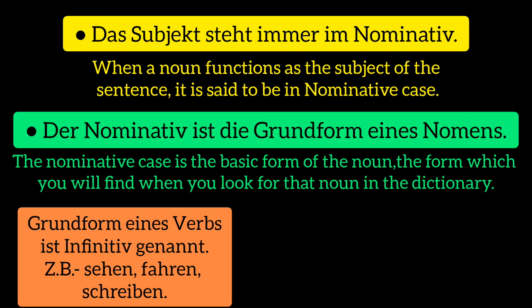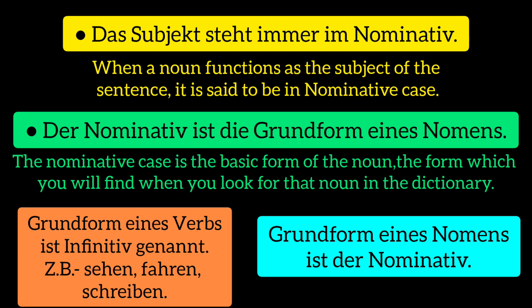That is the form of the verb which you see in the dictionary. For example, sehen, schreiben, fahren, which end with en. Similarly, the Grundform of the noun, that is the nominative case. That is the basic form which you will find in the dictionary.